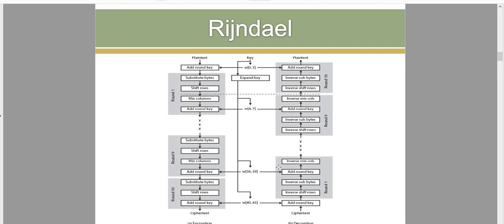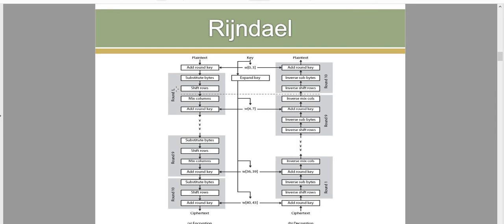Here we have a clear diagrammatical representation of converting plain text to ciphertext. In round 1 we have substitute bytes, shift rows, mix columns, and add round key. Basically we have considered 128 bits here, which, as I told earlier, has 10 rounds.